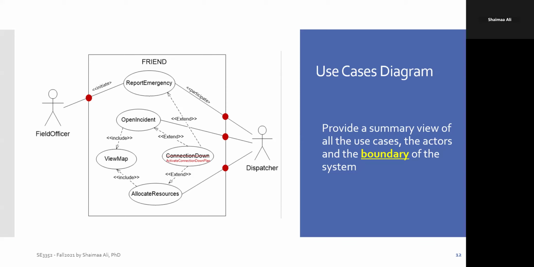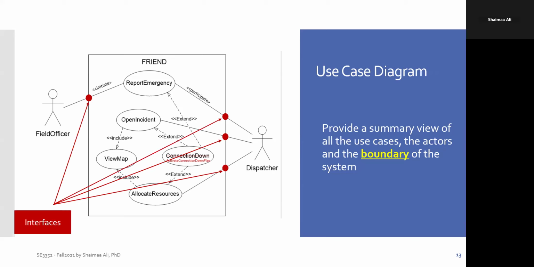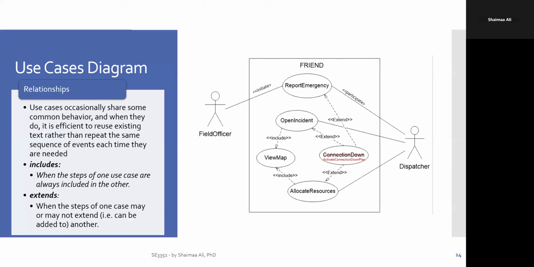Now, the intersection between the boundary and the line coming from the actor is a visual reminder that you need to provide an interface. And finally, the nice thing that we can use by looking at the summary is the relationships between the use cases.